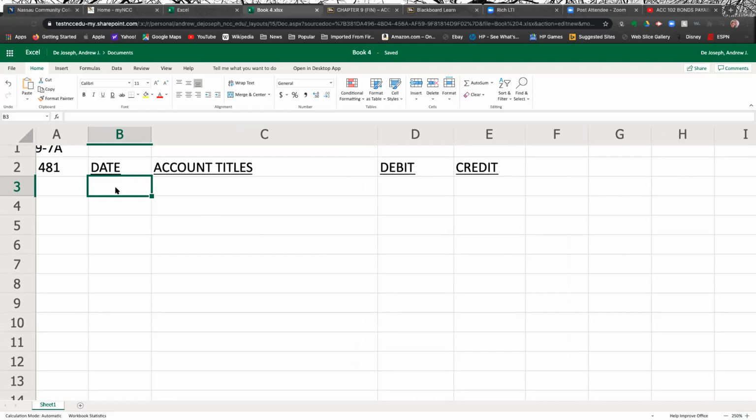So number 7, Coney Island Entertainment issues $1,300,000 of 7% bonds due in 15 years with interest payable semi-annually on June 30th and December 31st. Calculate the issue price. Oh, God, now I know why I didn't go over this. Hold on.